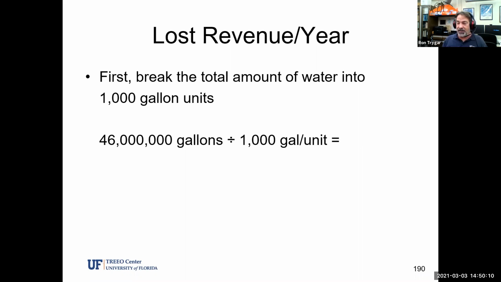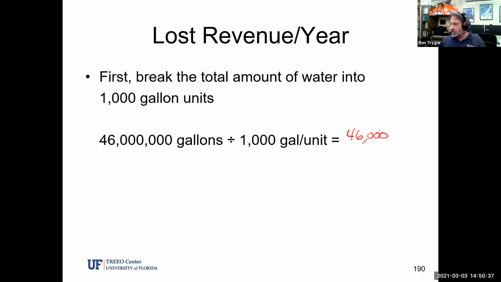So 46 million is written as 46 million gallons, as you see here, we just multiplied by 1 million. So we take the 46 million that we pumped per year and divide that by 1,000 gallon units.